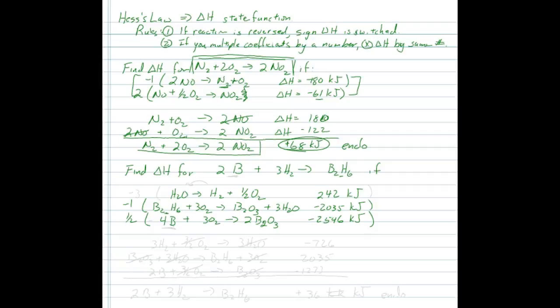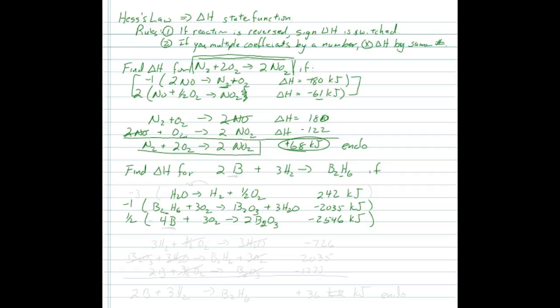And then here, what are we looking for? There's going to be 3 waters on this side and 1 water on this side, but there's no water showing up in the target. So you've got to get rid of the waters.